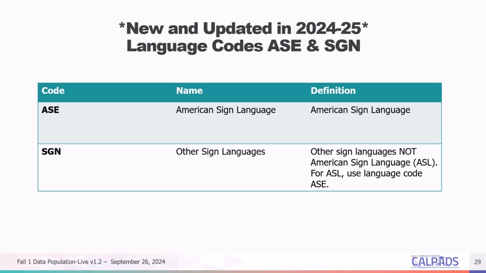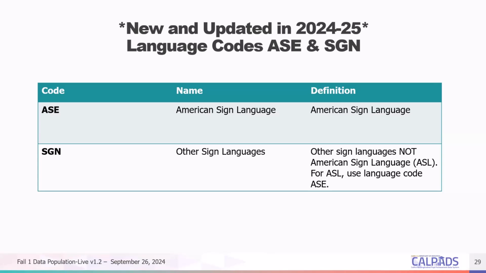And in this effort, the ASE language code has been added to indicate American Sign Language. And the definition for the existing SGN language code has been modified to indicate any sign language other than American Sign Language.